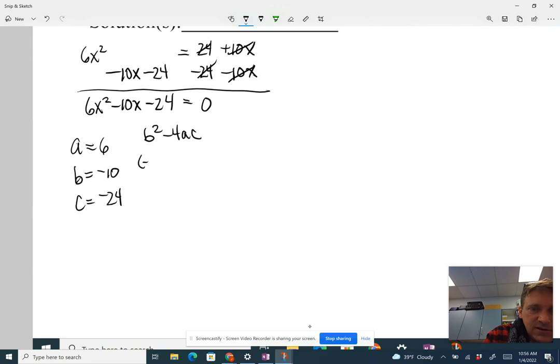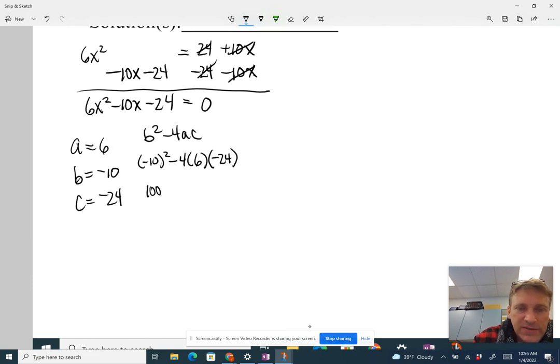b is negative 10 squared minus 4 times a, which is 6, and c, which is negative 24. So negative 10 squared is 100.